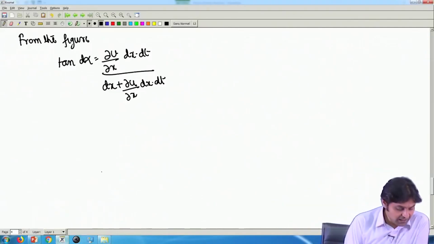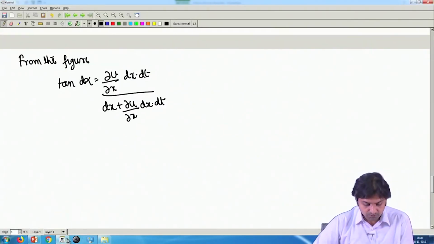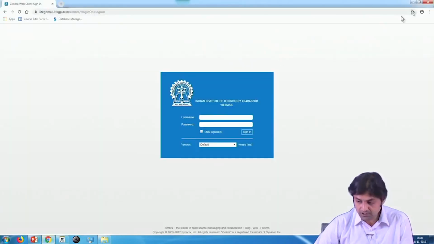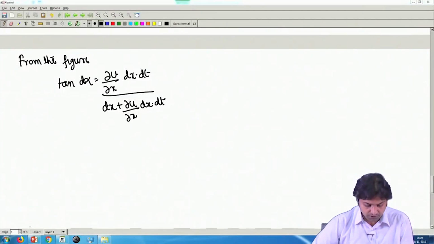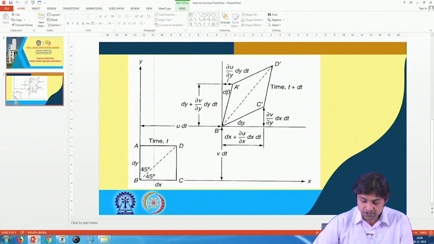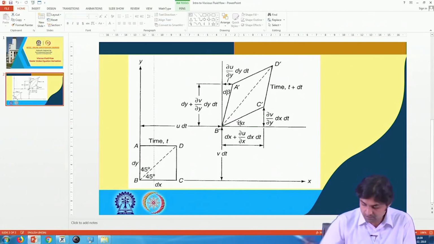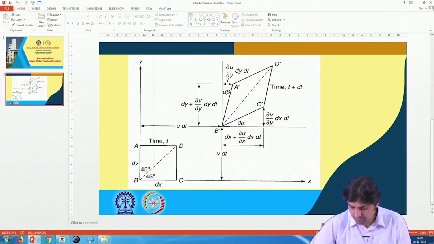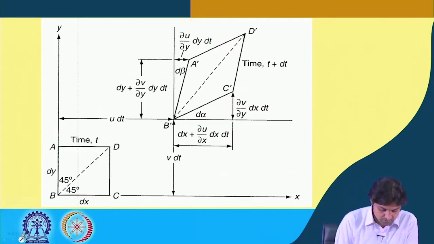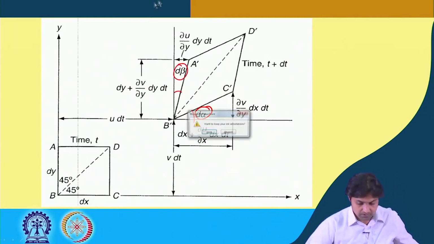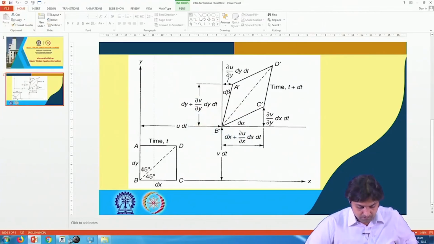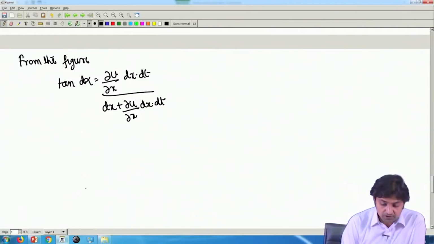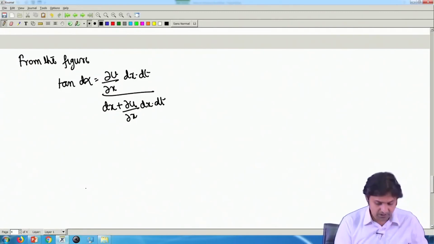Okay. So tan d alpha, you see, I am not going to open it all the time, so I will show you here. So this is d alpha, and this is d beta. All right. So tan d alpha was del v by del x into dx dt divided by dx, just simple geometry.